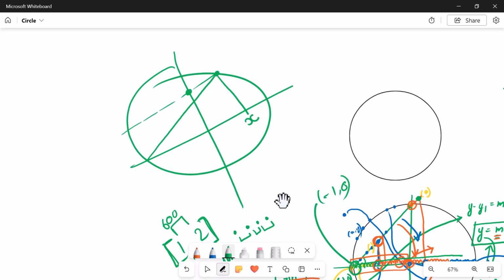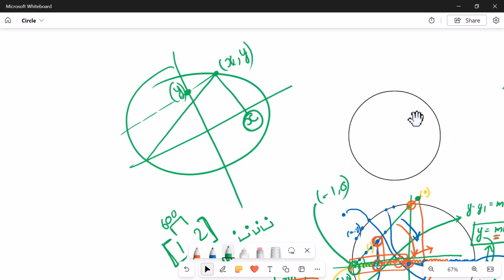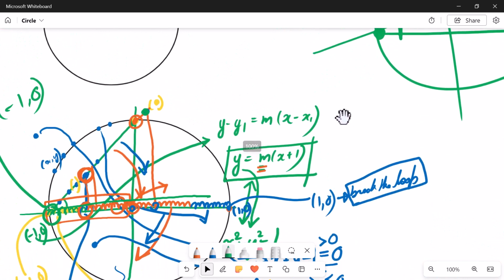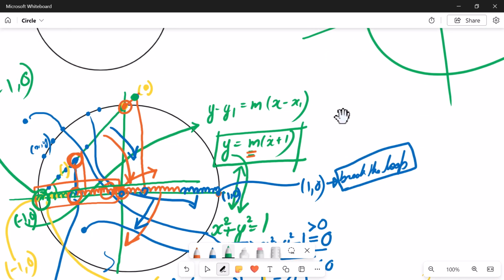This is the y value, right? To calculate the y value corresponding to our x, so that we can get the complete coordinate x comma y, we'll use the equation of the line that we calculated. This is the equation of the line, right? We'll substitute the value of x in this equation. Y is equal to m times x.